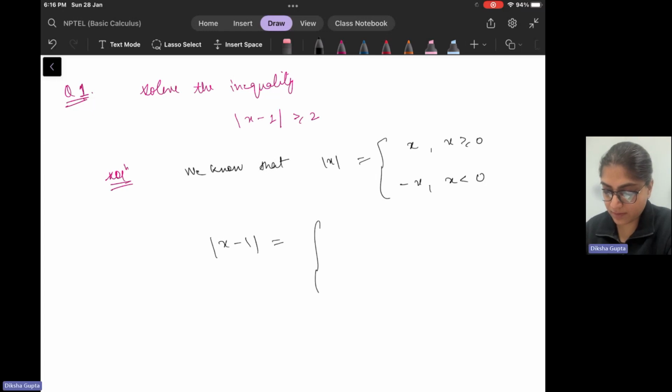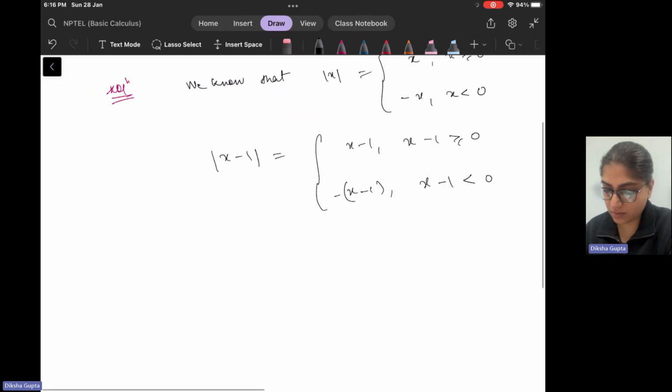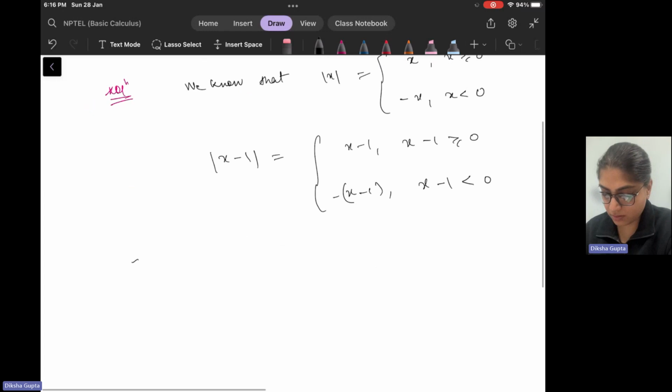so mod of x minus 1 is x minus 1 when x minus 1 is greater than equal to 0, and minus of x minus 1 when x minus 1 is less than equal to 0. So we'll make two cases.